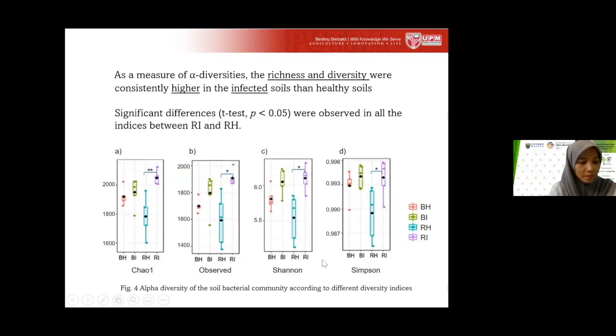Okay. It is not that common actually to observe high number of OTU and alpha diversities in infected soil.